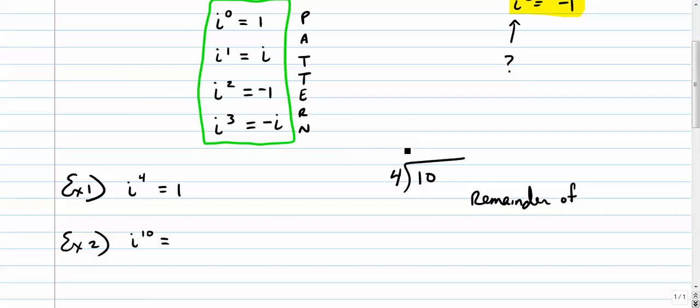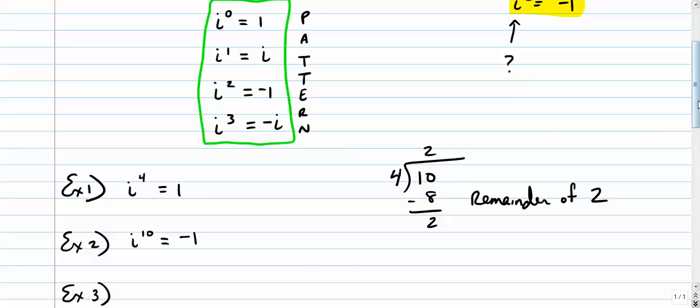We're always dividing by 4 because there are 4 things here in our pattern. So we get 2, 10 minus 8 is 2, so our remainder is 2. When your remainder is 2, your answer is the same as i to the second power. So this answer is -1.